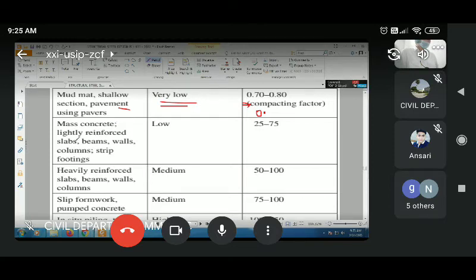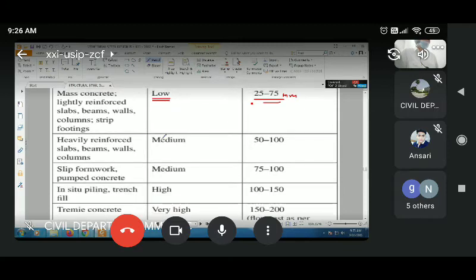And if you are going for mass concrete for dams, shallow slabs, beams, walls or columns, or a stiff foundation, then the degree of workability required is low, and the slump value will be between 25 to 75 mm. This slump value is given in mm, so it may be 25 to 75 mm.